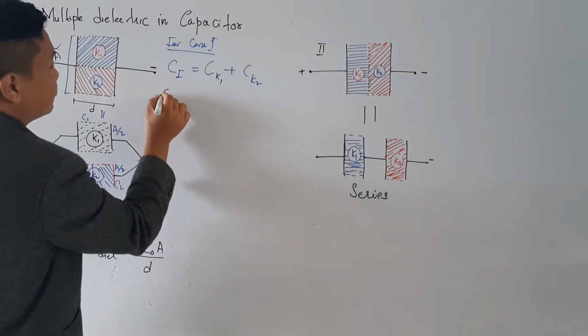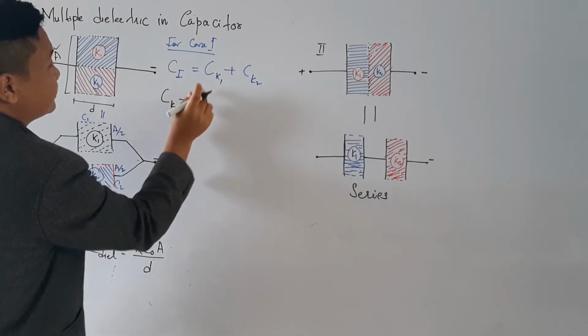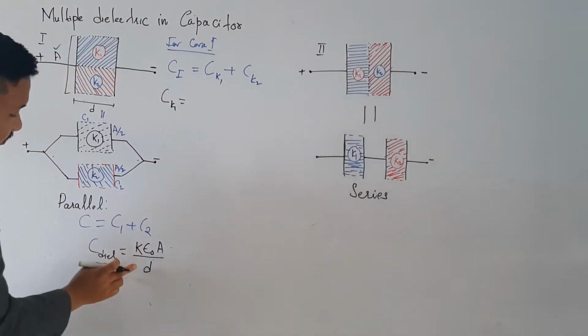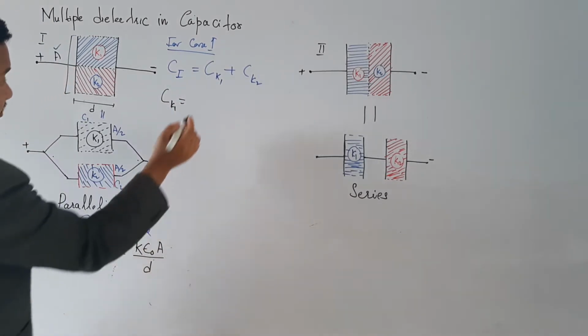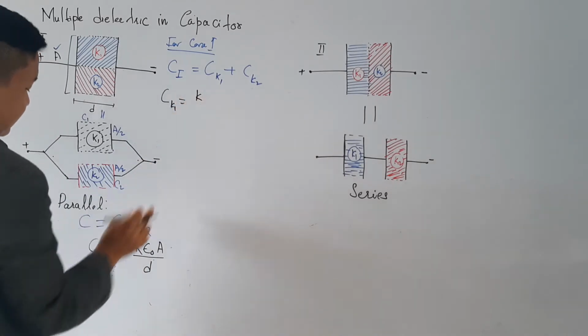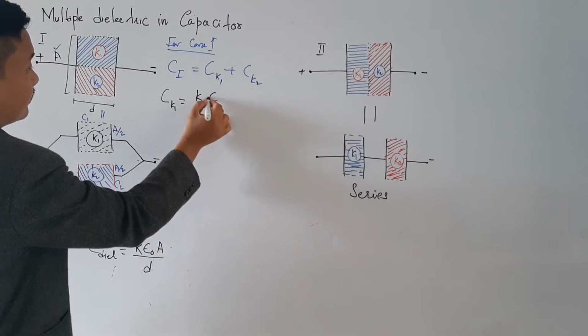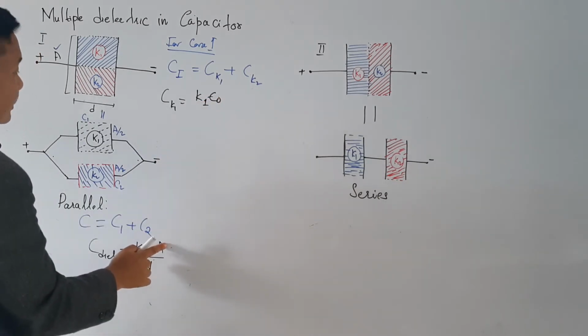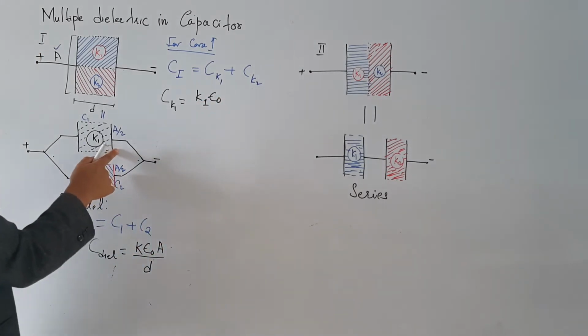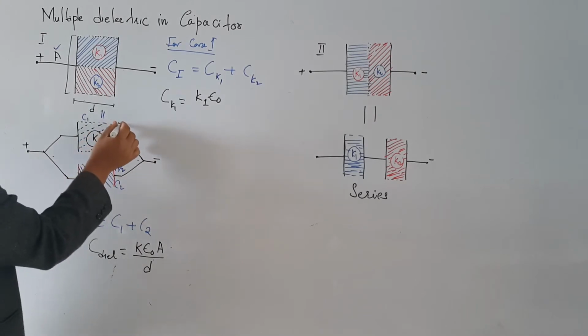Now CK1 is with the dielectric. What is the formula of C dielectric? Instead of K, I will write K1, and epsilon naught is always there, and the area. What is the area of this capacitor? It is A by 2, isn't it?